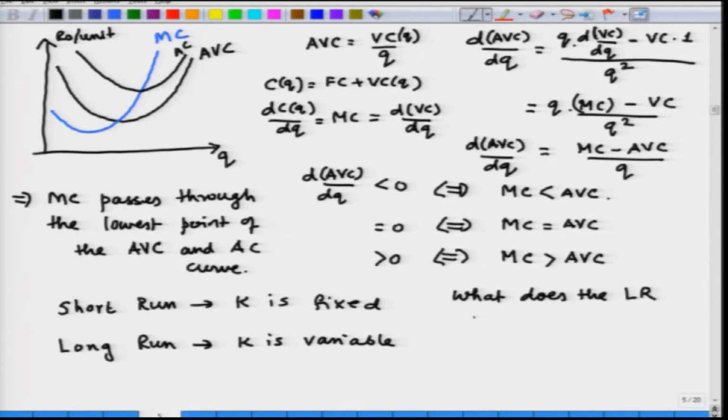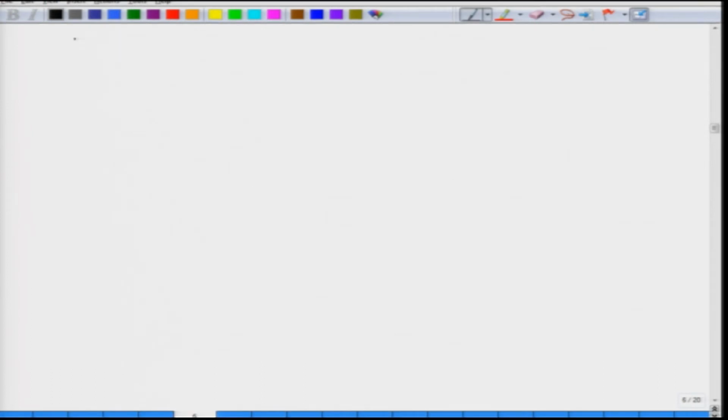To answer this question, let us take 3 levels of capital and draw 3 different short run cost curves, and we will use those 3 short run cost curves to get to the long run cost curve. So, let us say my levels of capital are k prime, which is less than k double prime, which is less than k triple prime.